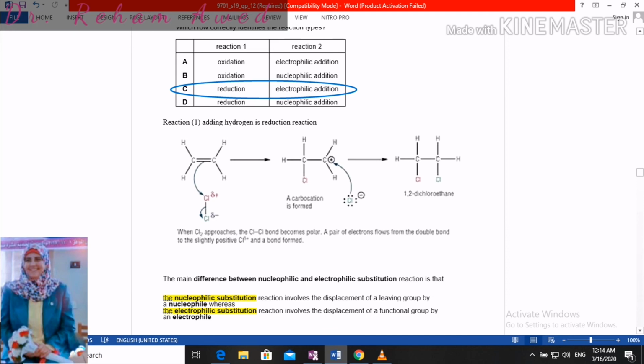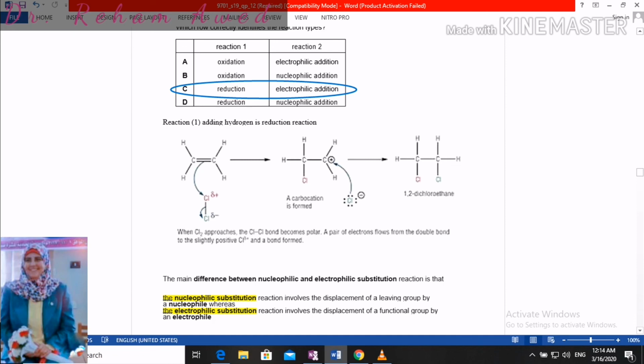Nucleophilic substitution involves displacement of a leaving group by a nucleophile.